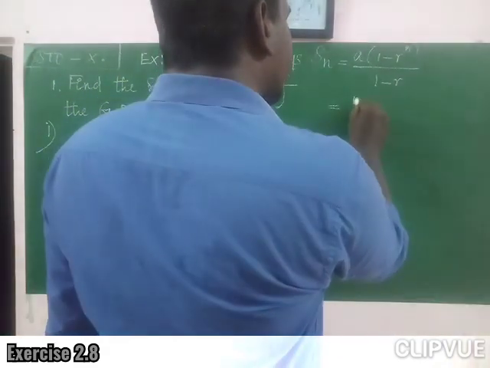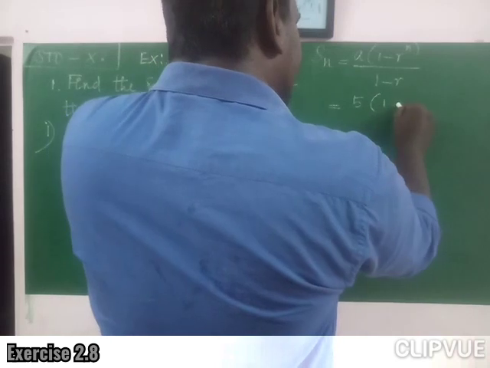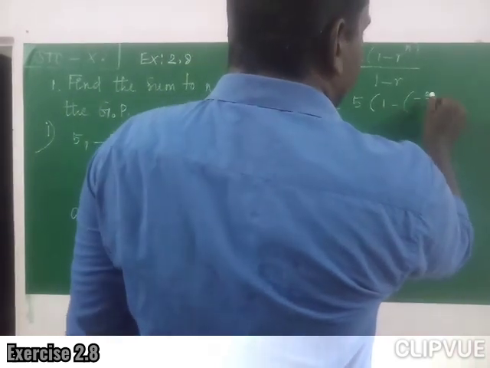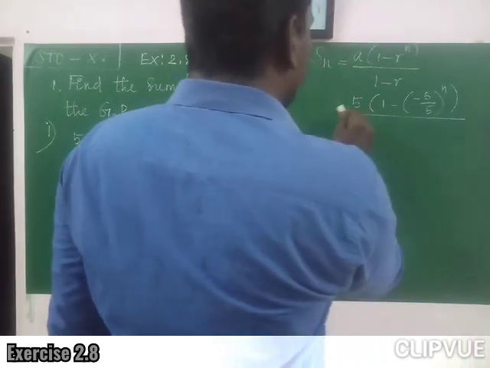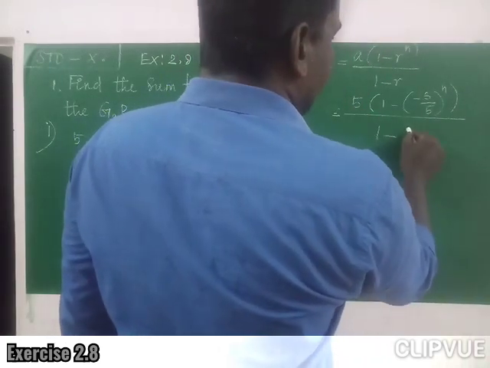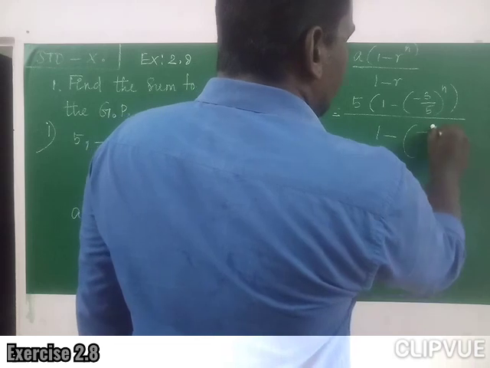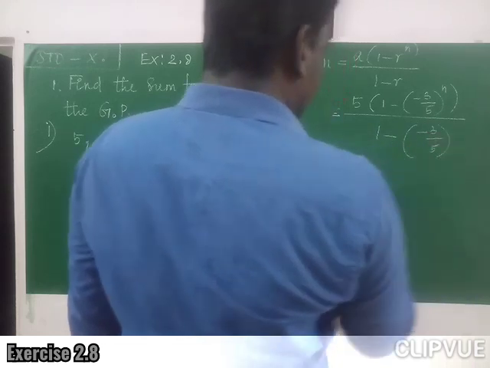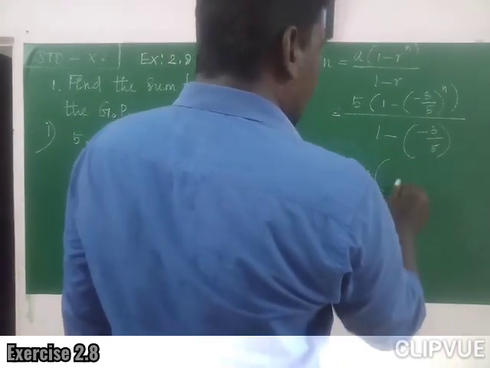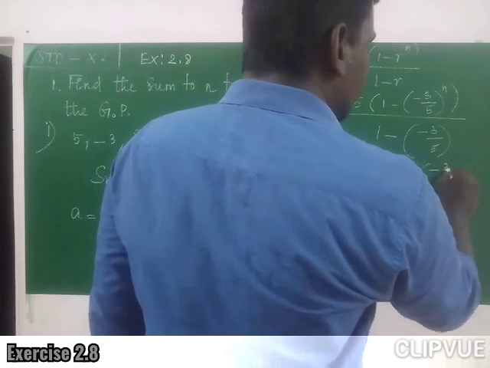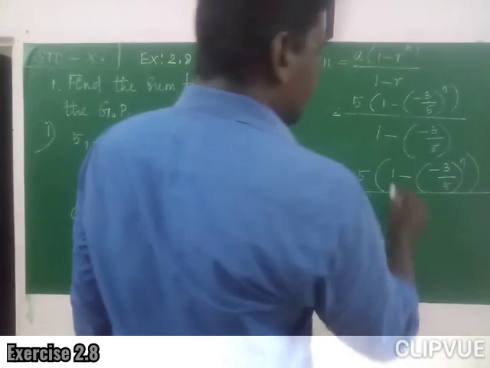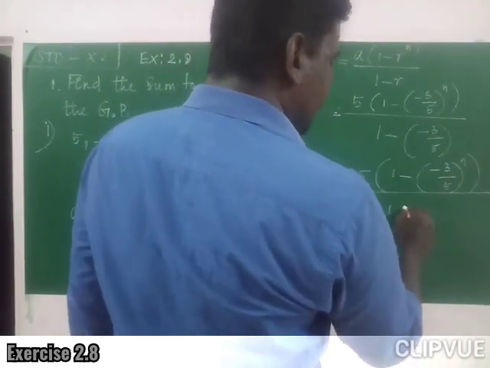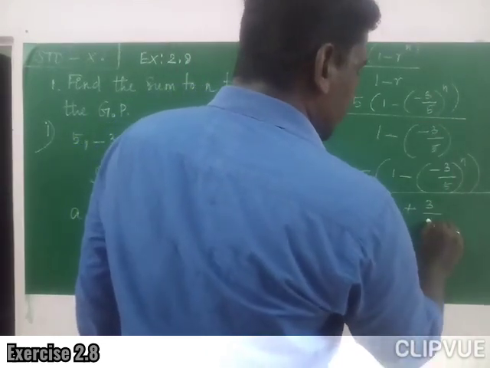So the A value is 5 of 1 minus the R value, which is minus 3 by 5, whole power n, whole divided by 1 minus R, that is 1 minus into minus 3 by 5. So 5 of 1 minus of minus 3 by 5 whole power n, whole divided by 1 plus 3 by 5.